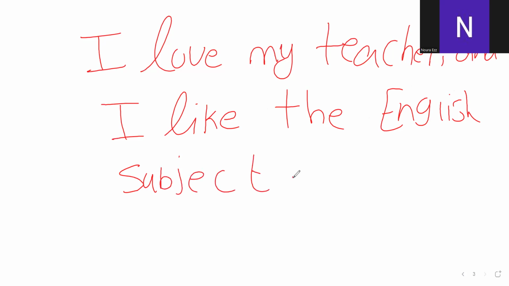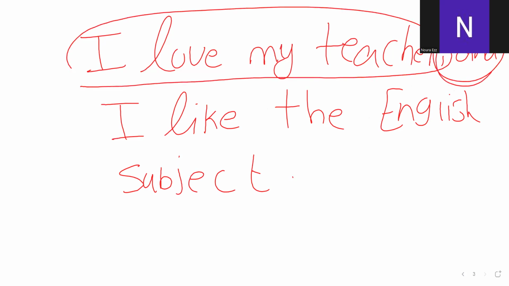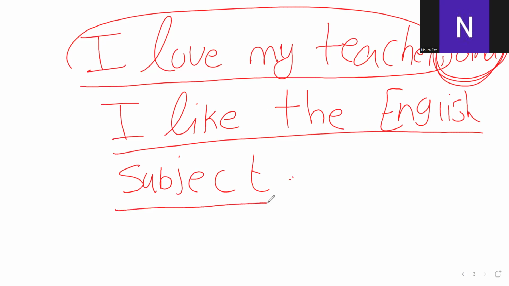This is not only one simple sentence, it has two. I love my teacher, comma, and, which is a conjunction, I like the English subject. Then we have one sentence here, another sentence here. These two sentences are independent clauses. Let's say that it's a clause, it's not a real sentence. It is two simple sentences, or two independent clauses.